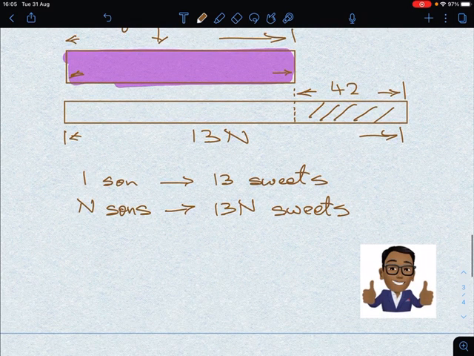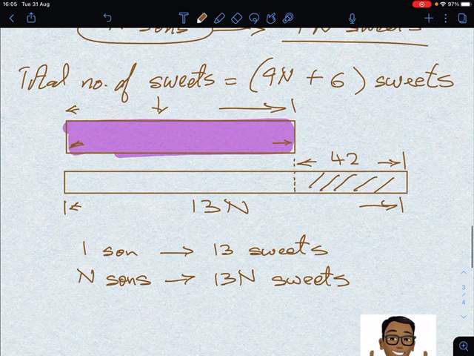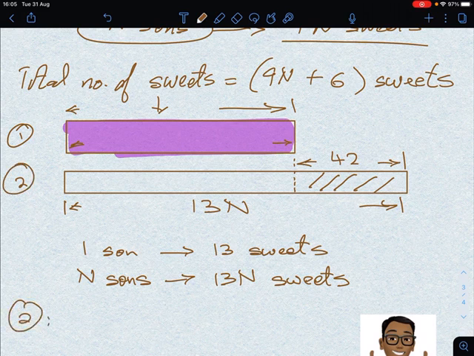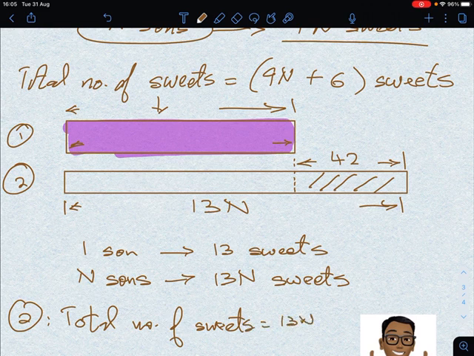Now that means we can combine them, right? In this case, this is the first scenario, this is the second scenario. In the second scenario, we know that the total number of sweets will be equal to 13n minus 42, isn't it? Yeah, 13n minus 42 to get the one in purple.